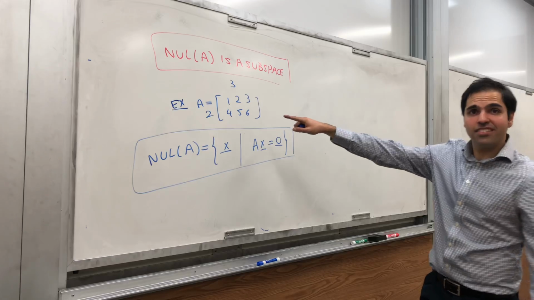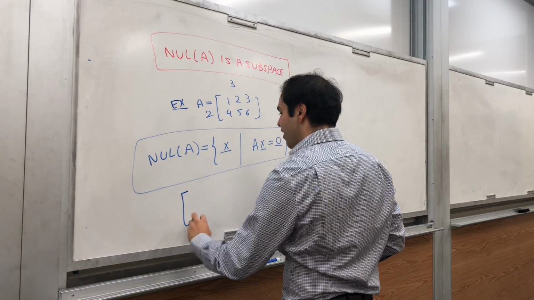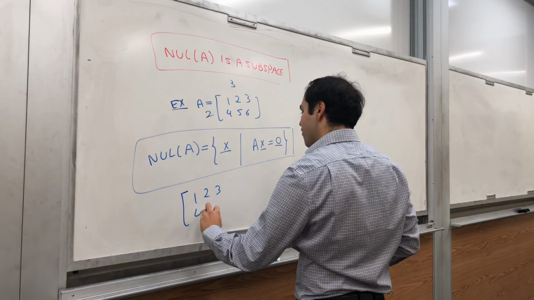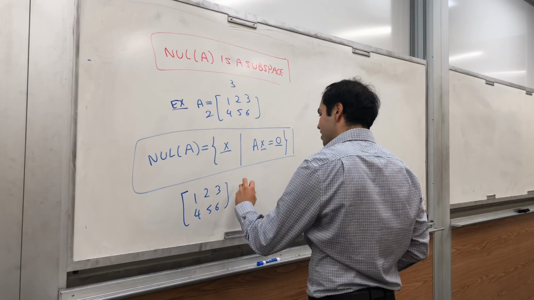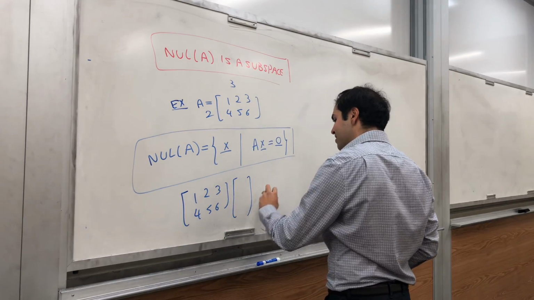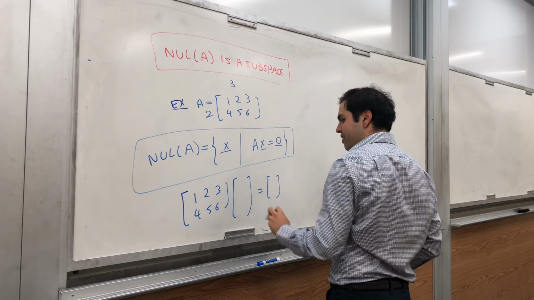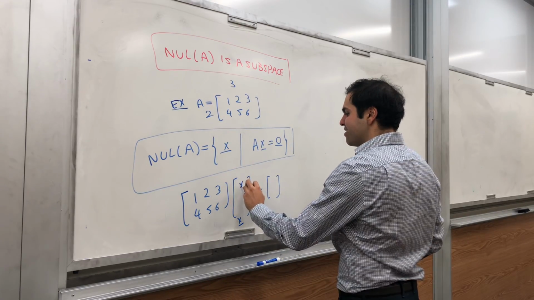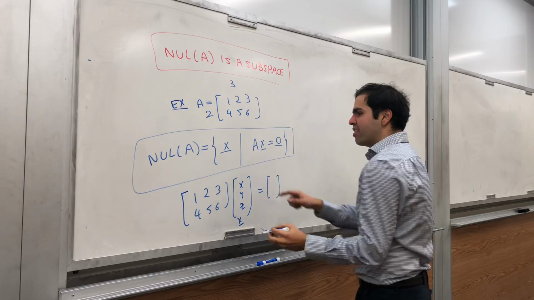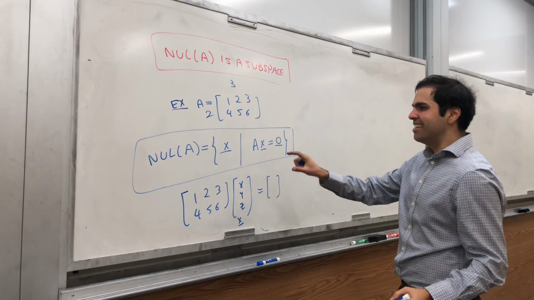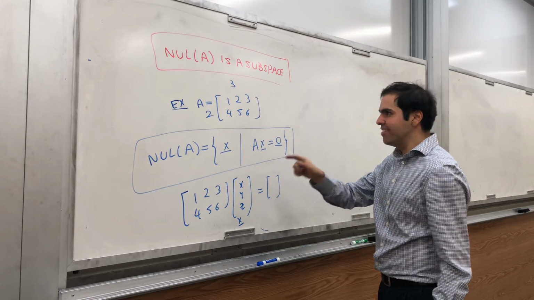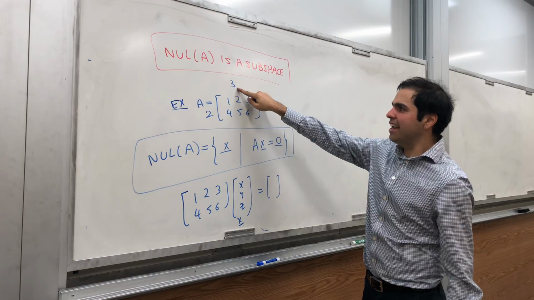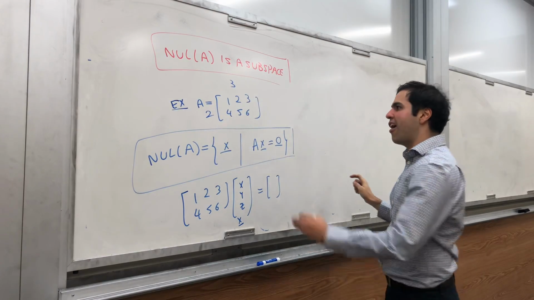In this case, let's look at A. Well, we have 1, 2, 3, 4, 5, 6. And this is our x, and this is our 0 vector. Well, x, in order for this to make sense, it needs to be a vector with 3 components. So here, x is a vector in R3, and that's precisely the number of columns.